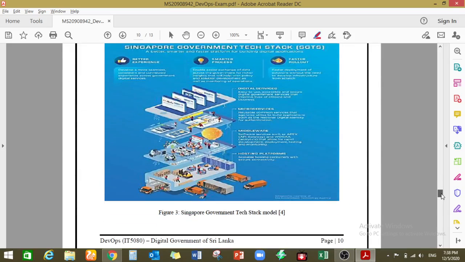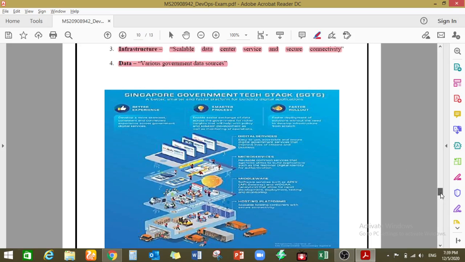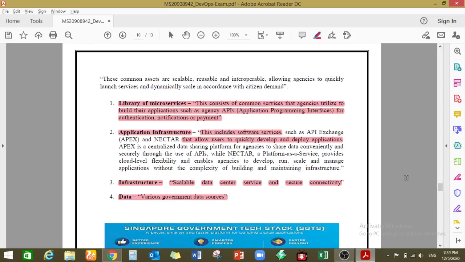It has a four-layer architecture, as shown in this picture. They have hosting platforms, middleware, microservices, and digital services. This system is expected to produce a better, smarter, and faster platform for digital applications. Microservices consist of common services that agencies utilize to build applications, such as application program interfaces for authentication, notification, or payment.